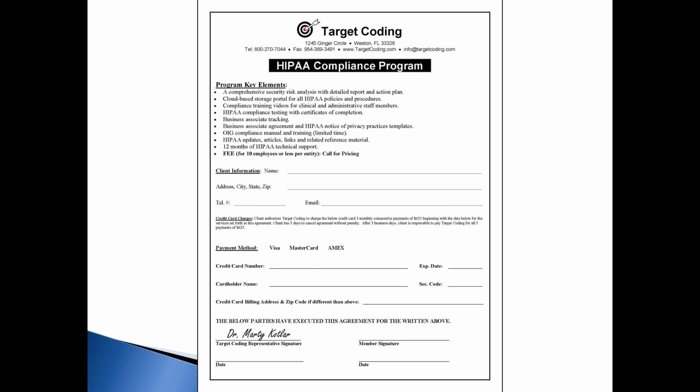If you're the type of doctor that submits your own taxes and you said, you know what, I'm going to tackle this without hiring anybody, it would probably take you about 100 hours to put together your own HIPAA compliance program. Yeah, it's very comprehensive. It's a behemoth of a program. But we've figured out how to narrow it down. If you work with us, we could probably get it done in about 10 to 15 hours.